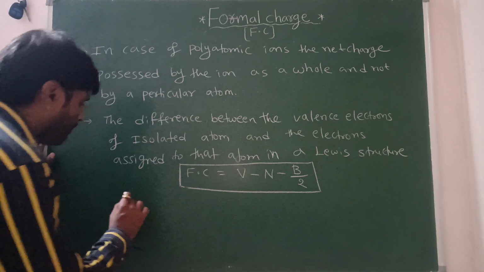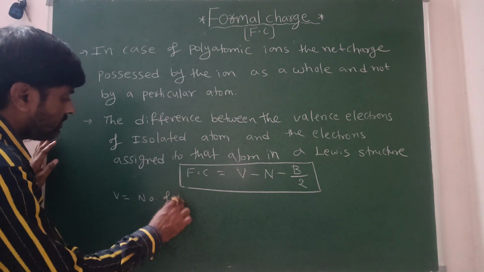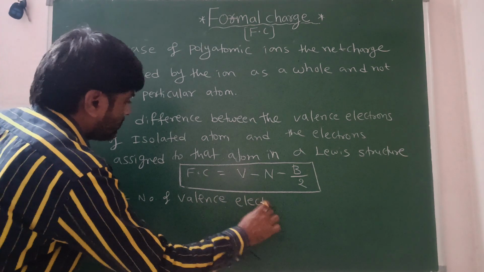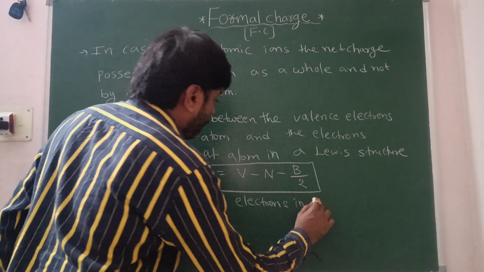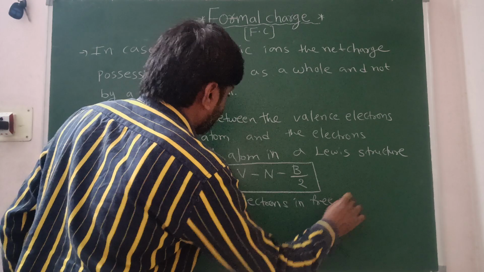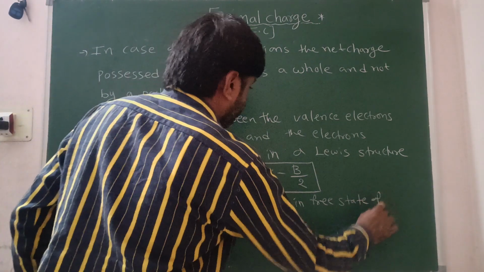So V is the number of valence electrons in the free state of the atom.